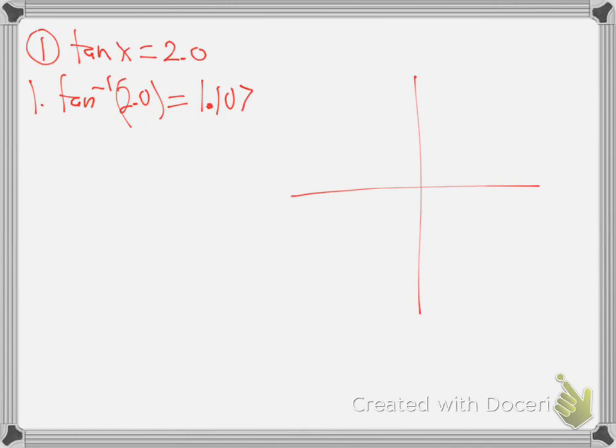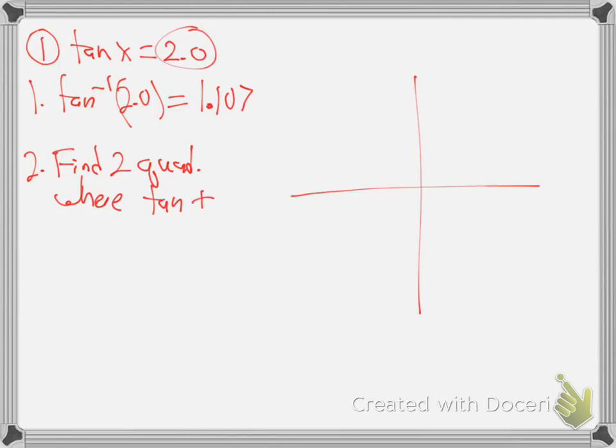And I said step 2, find the 2 quadrants where tangent, in this case 2.0, is positive, right? If they wanted tangent equal to negative 2.0, I would find the 2 quadrants where tangent is negative.